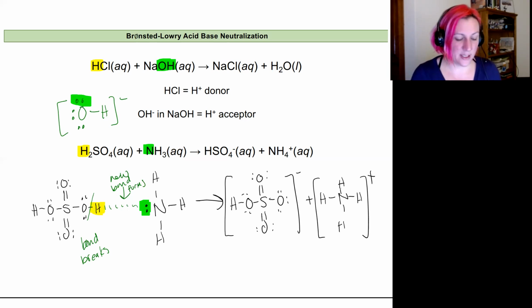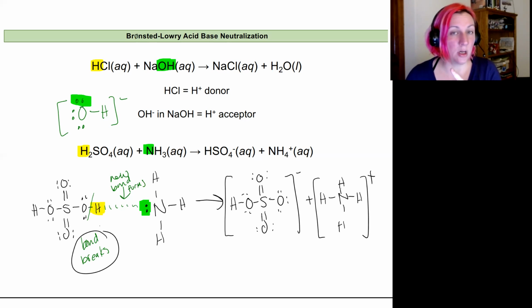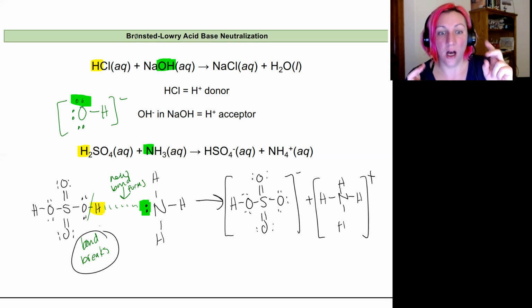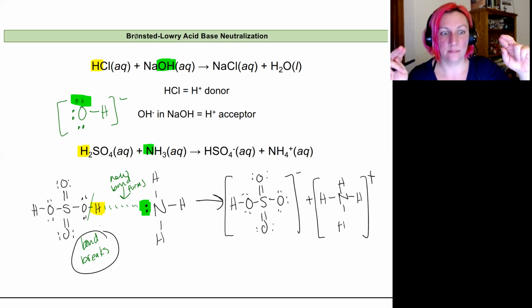Now I'll note something. When our bond breaks right here, in our acid, it's what we call heterolytic cleavage, which is a word for another day. But what it means is that both of the electrons in the bond between the oxygen and the hydrogen stay with the oxygen. Now, a homolytic cleavage would be where each one keeps an electron.